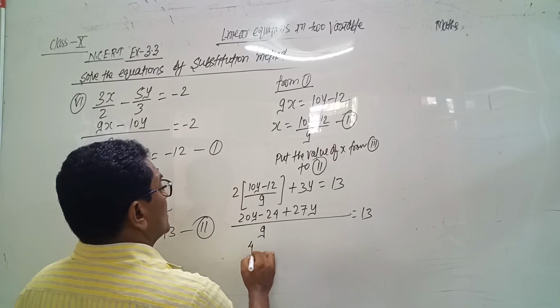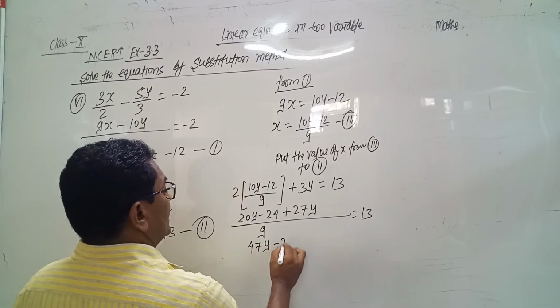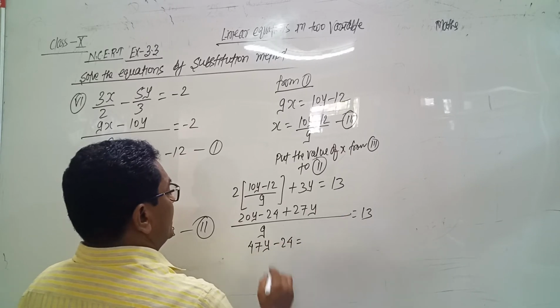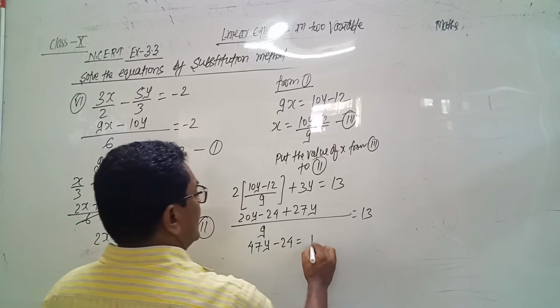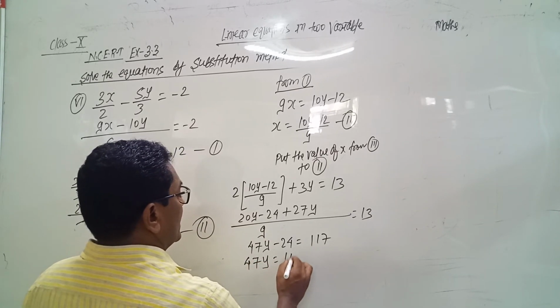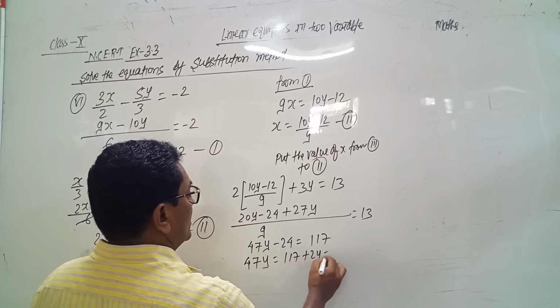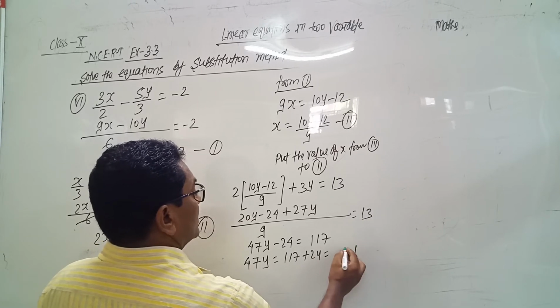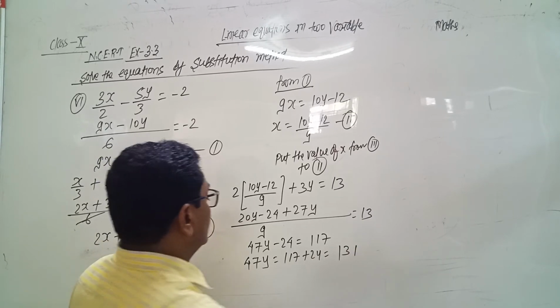This becomes 47y minus 24 equals 117. And 47y equals 117 plus 24, this is 141.